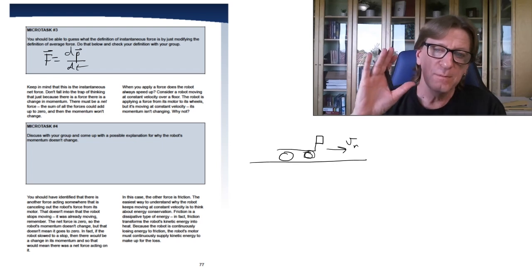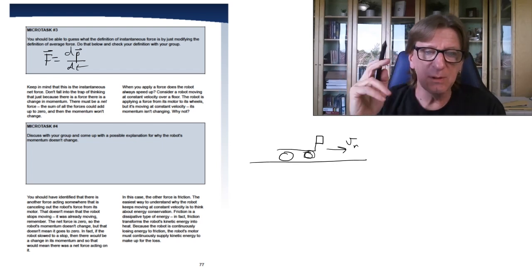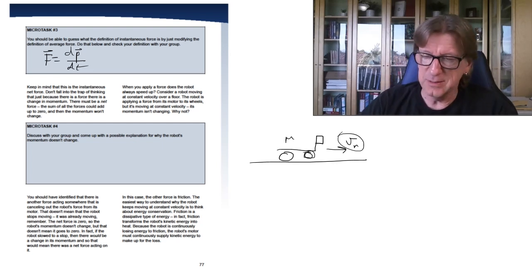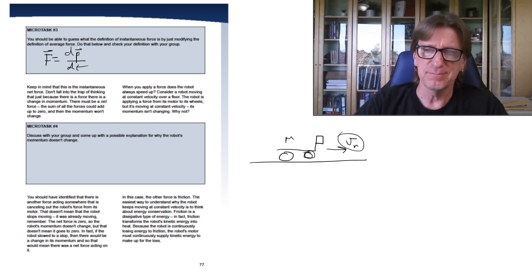So pause the video and see if you can come up with an explanation for why the robot's momentum doesn't change here, because it's got a constant velocity and a constant mass. Why does its momentum not change even though I'm applying a force to it? My motors are applying this force. It should be changing my momentum. Why isn't it? Pause the video and think about that.